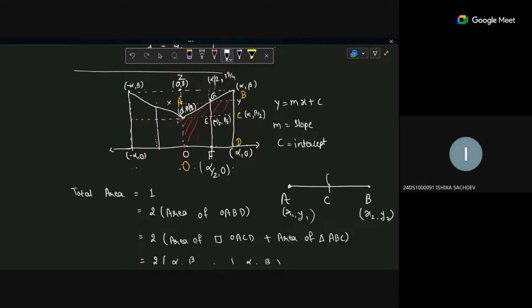Yes, ma'am, I understood. The same way he is calculating the coordinates for G. Okay, got it. Yeah, this is another way.